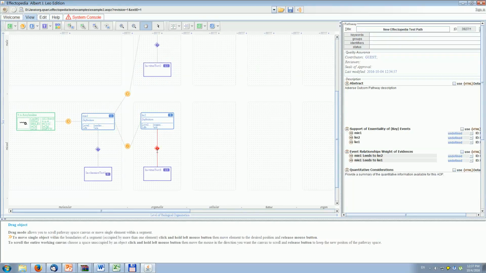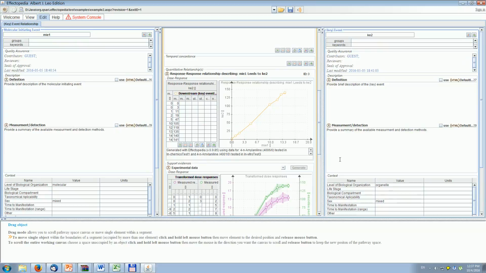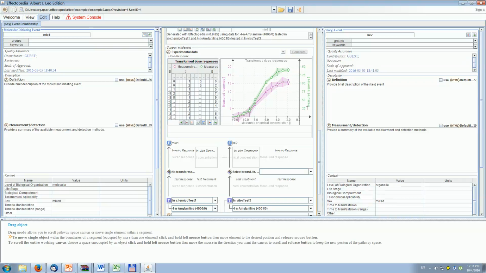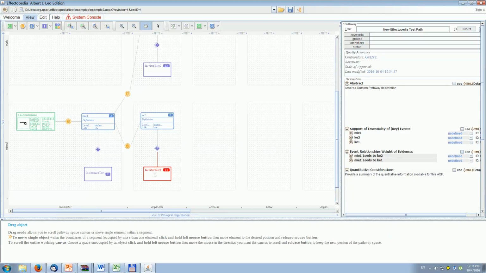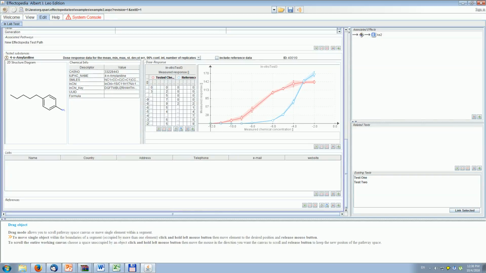You can now see that there is a symbol F, which denotes that we now have a transformation set defined. And if we go back to the response-response relationship, which was originally defined without using any transformation, we can see that the key event 2, shown in green, is actually again 150. By the way, just to make it easier to interpret, I'm going to change the name of the measured output here.